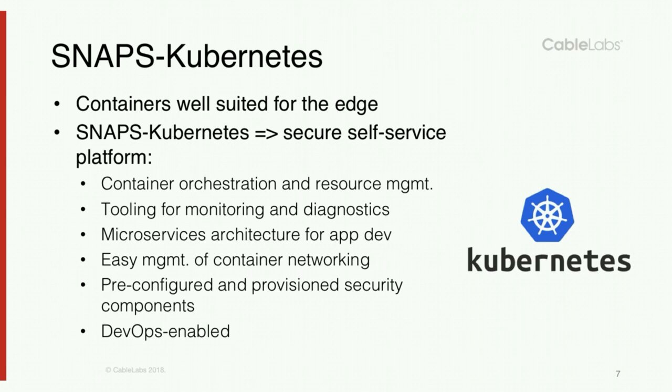And that's really a gap that's filled by SNAPS-Kubernetes by allowing access to a variety of SDN technologies such as Weave, Flannel, and Calico, but then also offering advanced features like MACVLAN, DHCP, SRIOV, and perhaps another very interesting one is multi-homed pods, where a pod can have multiple IP addresses. Pre-provisioned, pre-configured security components, DevOps enabled.